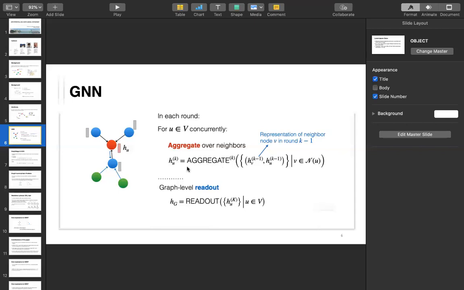So different types of edges will have different ways of aggregation. Am I right, or is that your point? No, the point here is that the aggregate function is an abstract concept. It represents a set of functions.